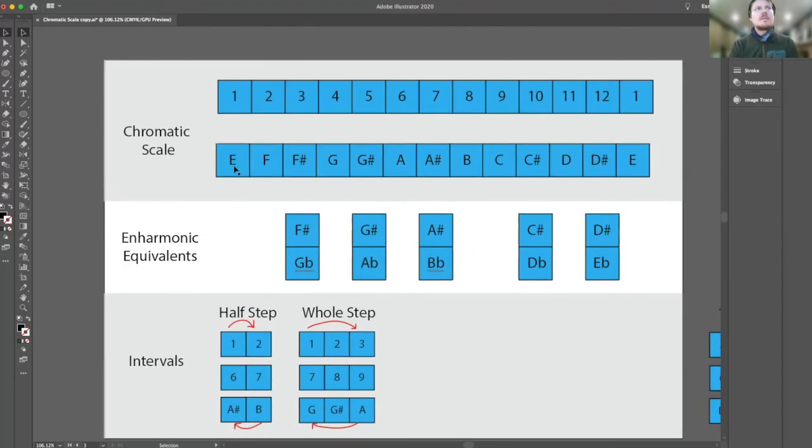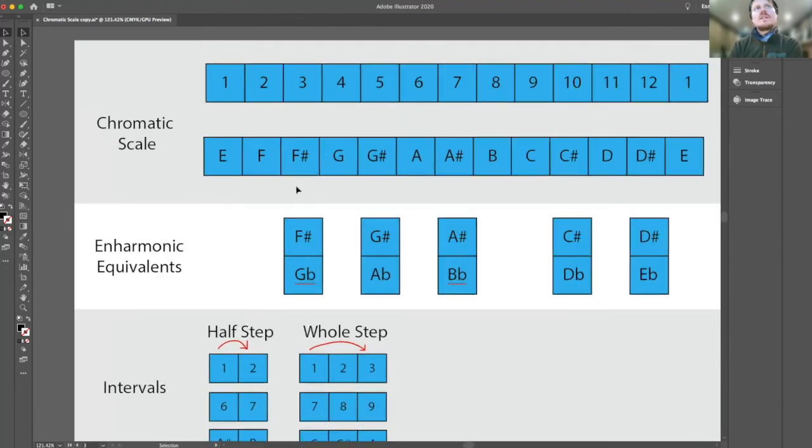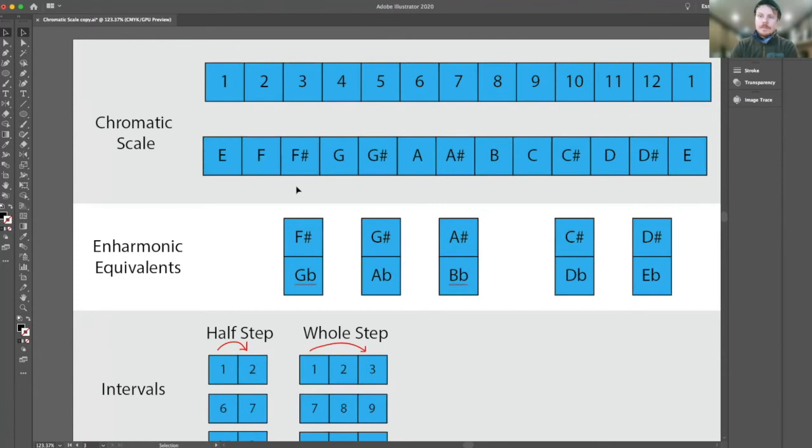So our E, F, and this number sign, you say it as sharp, so that would be pronounced F sharp. Then the next one is G, G sharp, A, A sharp, B, C, C sharp, D, D sharp, and E.